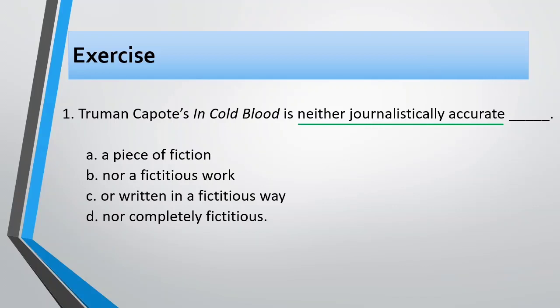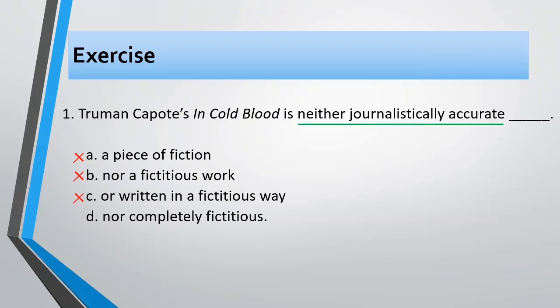Let's check the answer. A. A piece of fiction. Incorrect, because there is no conjunction. B. Nor a fictitious work. Incorrect, because after the conjunction nor, it is a noun phrase, a fictitious work. C. Or written in a fictitious way. Incorrect, because the conjunction is incorrect.